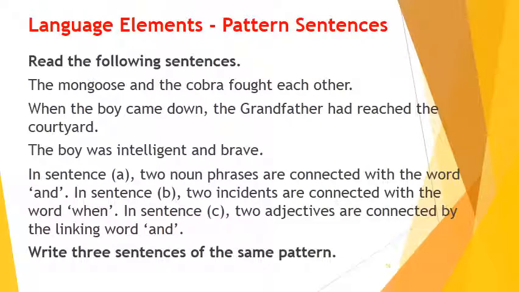Pattern sentences. So 3 sentences are given there. Read those sentences. The mongoose and the cobra fought each other. In that sentence, there are 2 noun phrases, the mongoose and the cobra. They are connected with the word and.